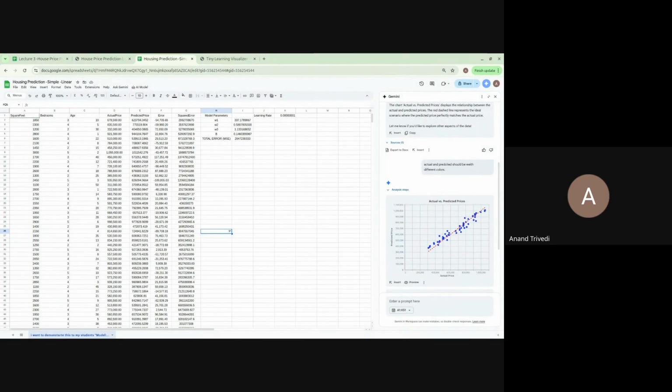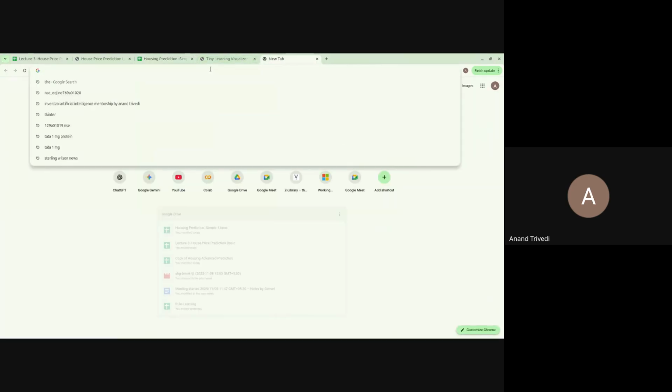Just give me a second. Yeah, so here is one more data that we have.